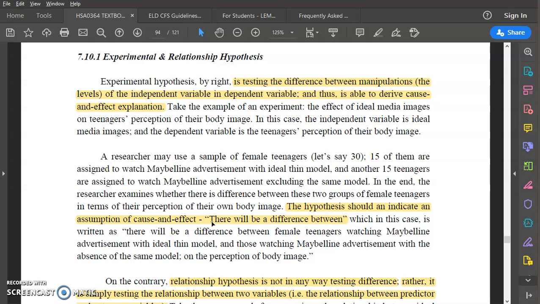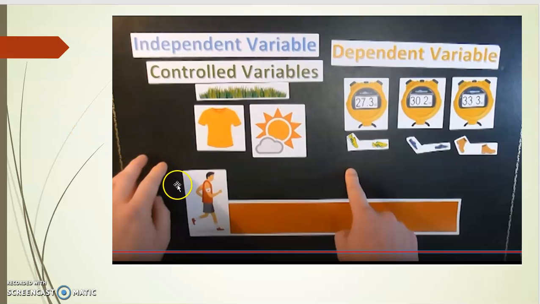Okay, so let's continue. The hypothesis should indicate an assumption of cause and effect. In an experimental hypothesis, usually you use the phrase, there will be a difference between. Let's go back to the experiment. Remember, this experiment is about the effects of the types of shoes on the speed of running.